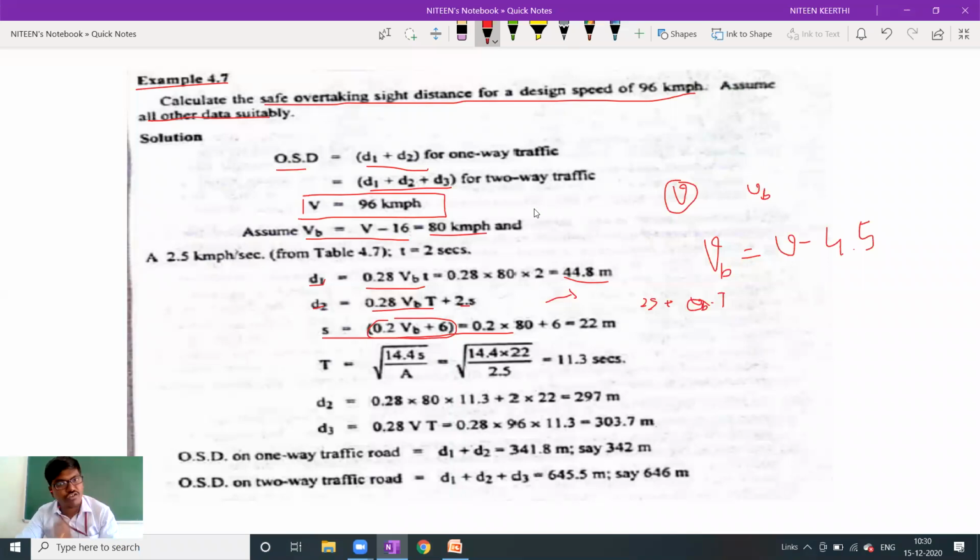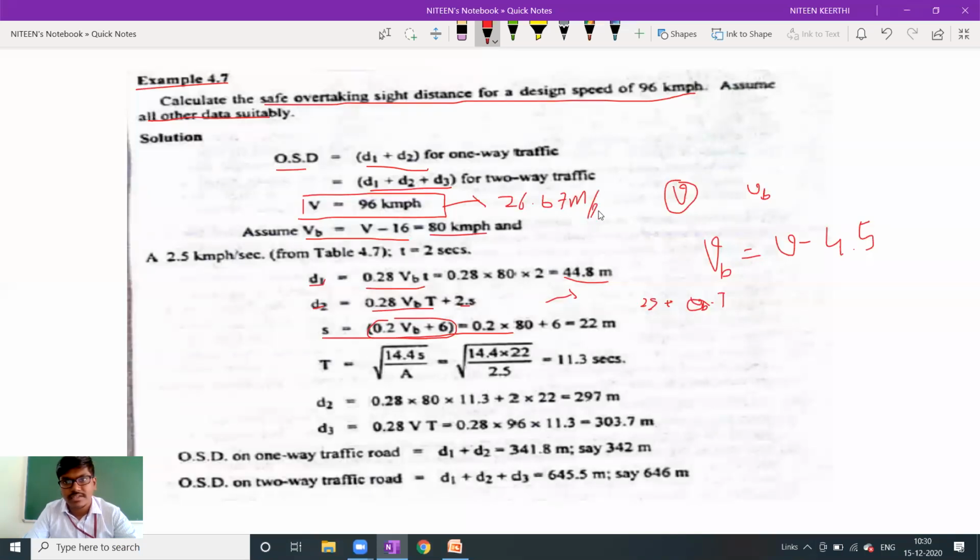It is left to you. If you want, you can convert this 96 into meter per second. I will tell you the value also: 96 divided by 3.6 is 26.67 meter per second.